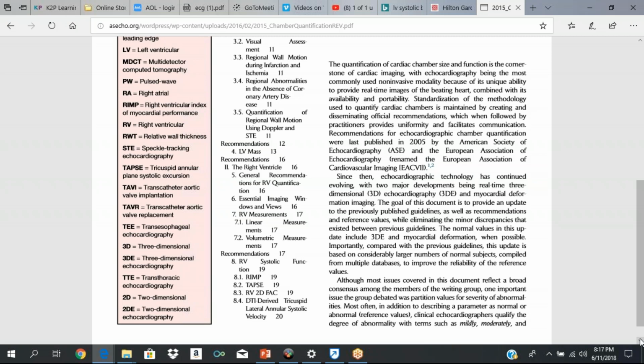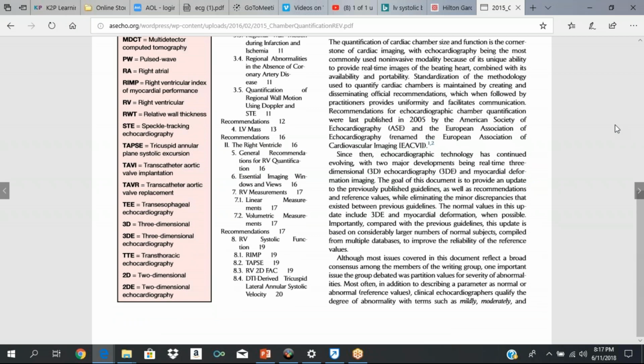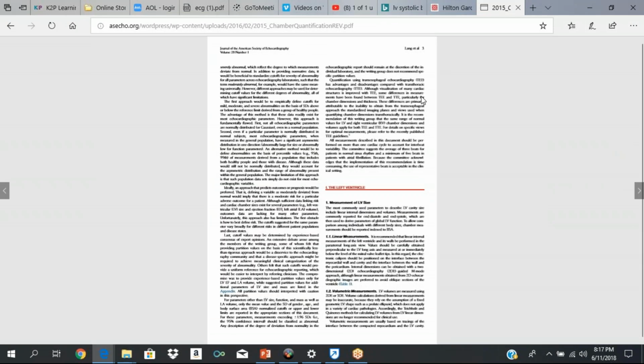Most issues covered in this document reflect a broad consensus among the members of the writing group. One important issue the group debated was partition values for severity of abnormalities. Most often, in addition to describing a parameter as normal or abnormal by reference values, clinical echo quantifies the degree of abnormality in terms of mildly, moderately, and severely abnormal.